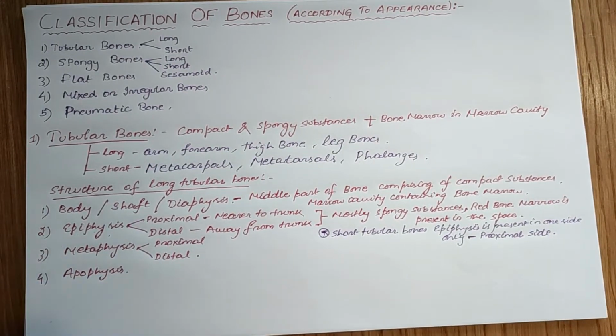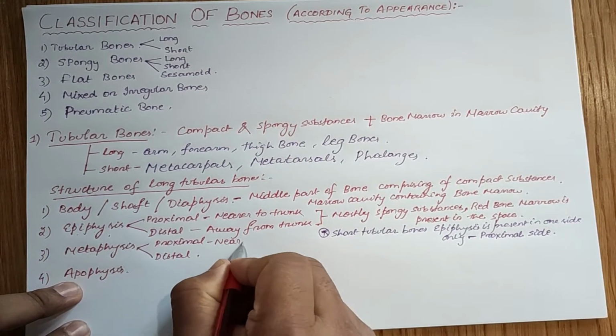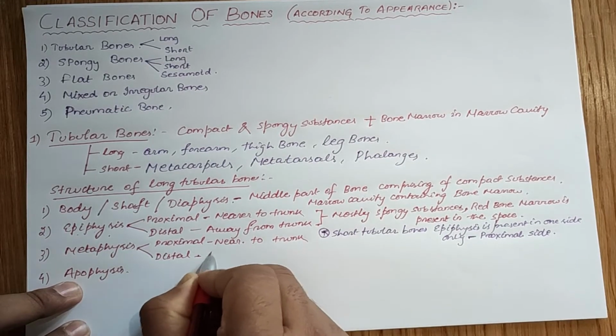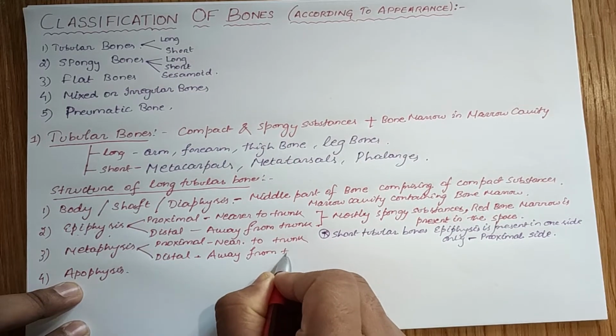What do proximal and distal mean for the metaphysis? Same way, proximal is nearer to the trunk and distal means away from the trunk.